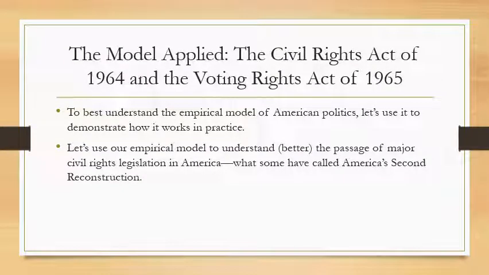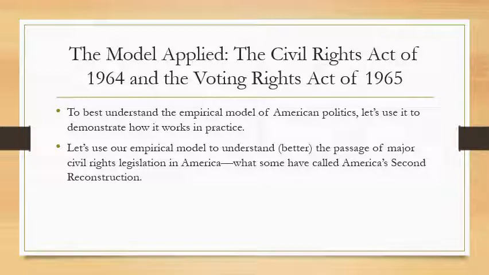Now, to help you better understand this empirical model, it often helps to show you how it works in practice and to show you that it does work in practice, that this is not just abstract theory, but theory that actually works, theory that helps us better understand what goes on in American politics.